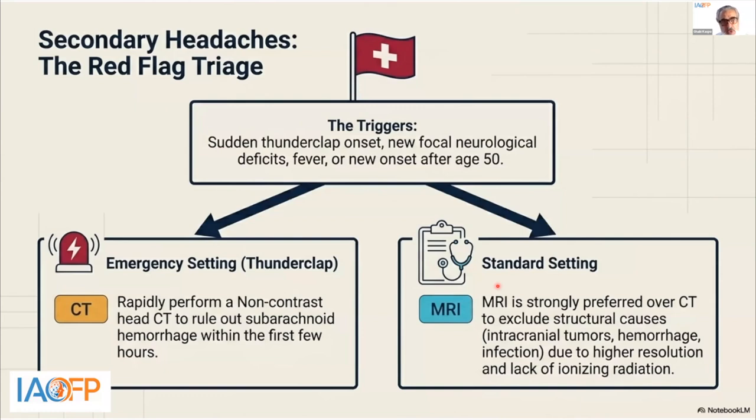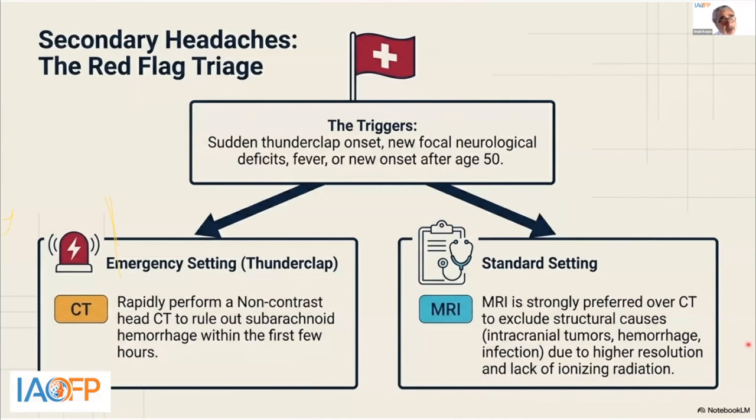So for new headaches, severe headaches, patients over 50, ask for a CT scan without contrast. If the patient has a history of headaches and some new headaches, you have to request a CT scan also.